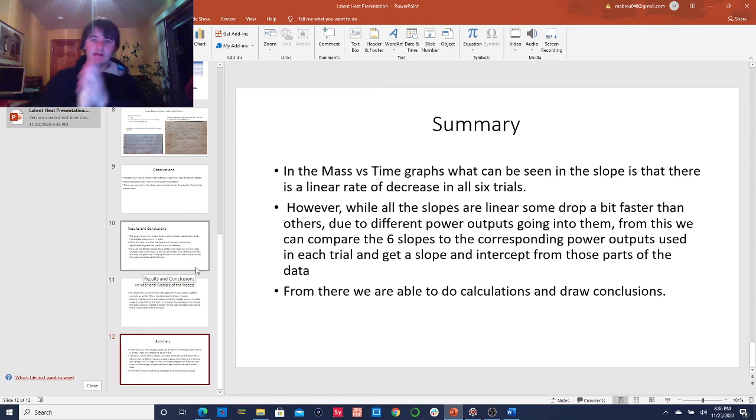We can get a slope and an intercept for this data, and then do out the calculations and draw the conclusions. That's what allows us to see the process of latent heat. We're able to gather a latent heat, and we are even able to draw the conclusion that there's more energy in this particular situation involved with the room temperature.